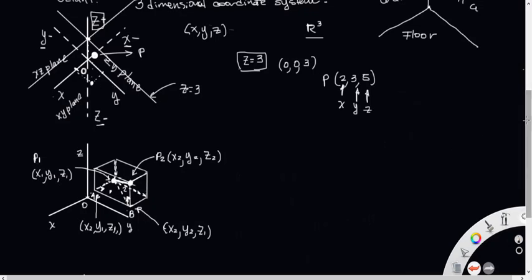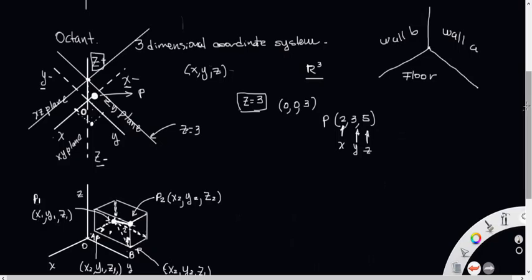Hi there. Once we covered the three-dimensional coordinate systems, it is just to clarify about z equals 3. If we look to the zy plane, looking from this side, we will see that this is a line that extends from minus to plus infinity in the y-axis.